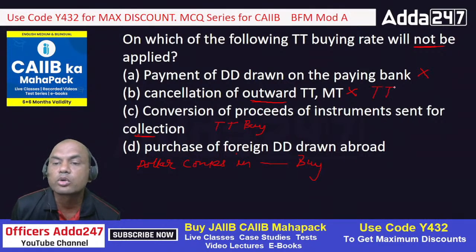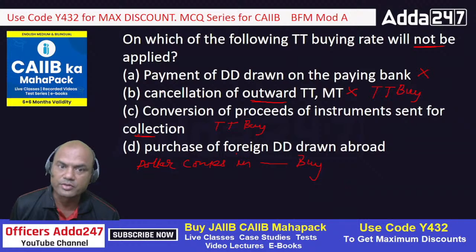Let's see C. Purchase of foreign DD drawn abroad. This case will not apply the TT buying rate. Why? Because whenever I am purchasing the DD drawn abroad, that DD is drawn on me, so I'll give the dollars to that person.